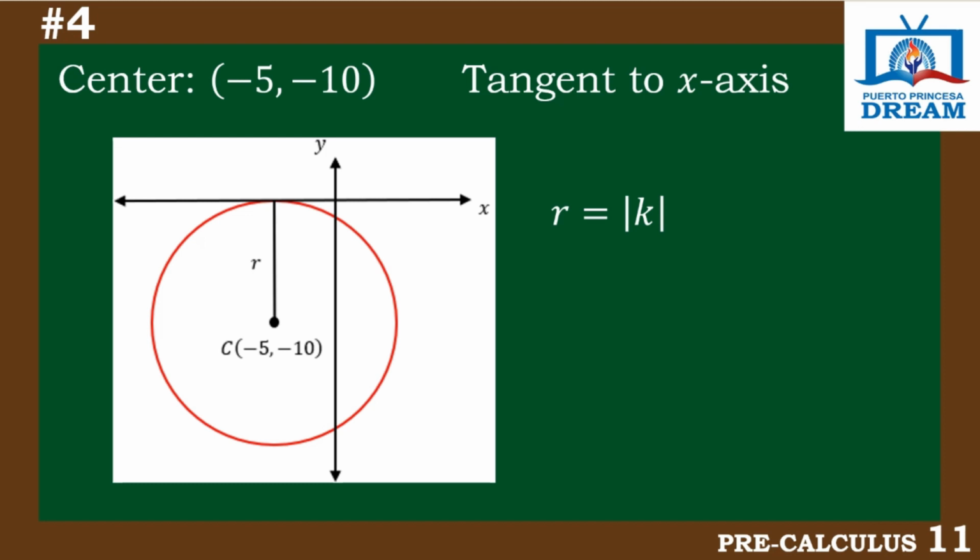Substituting the value of k, we have r equal to the absolute value of -10. And we all know that the absolute value of any number is always positive. Therefore, r is equal to 10, or r squared equals 100, because we will use r squared in the standard equation.